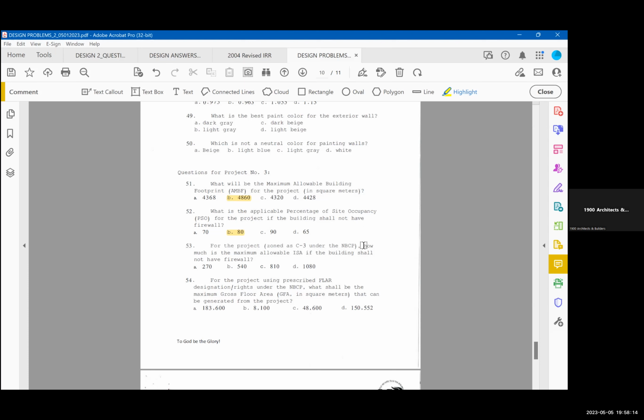So, if makukompute natin ang ISA sa C3, ang maximum ISA niya, ang sabi, if would not have a firewall is 15%. So, kaya ang answer dyan is 810 ang lumabas. It's letter C.